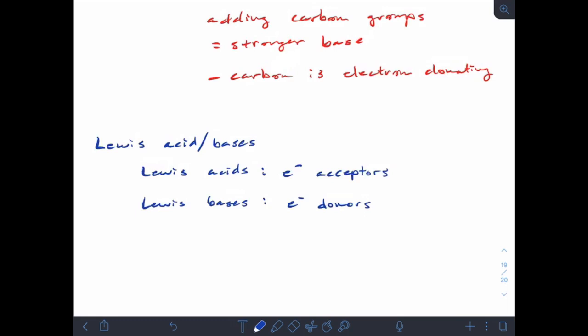Right? Now this makes it actually kind of easy to identify a Lewis base, because in order to be a Lewis base, you must have lone pairs to donate. Right, that's where the electrons get donated from, is if a molecule has some lone pairs on an atom.